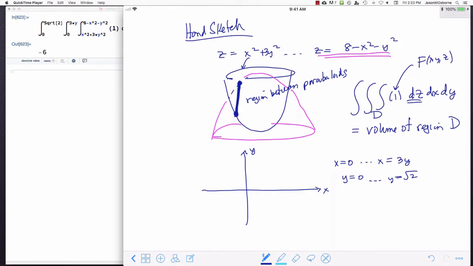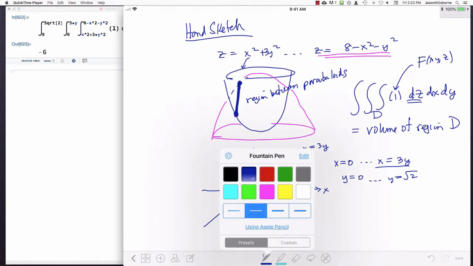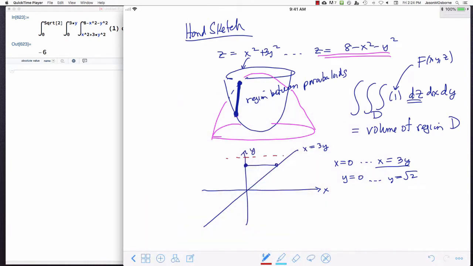Okay, that's another way of saying that x equal to 3y is a line. It's some line, x equals 3y. And x goes from 0 across to that line, and y goes from 0 up to y equal to the square root of 2.